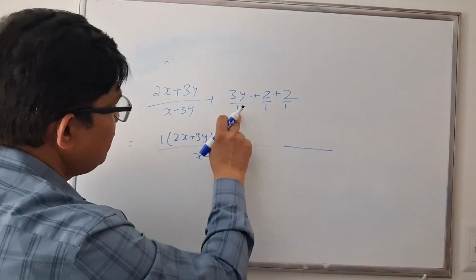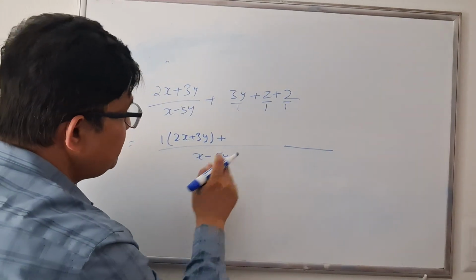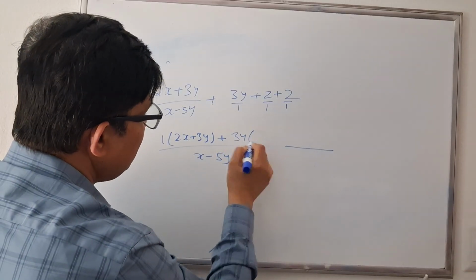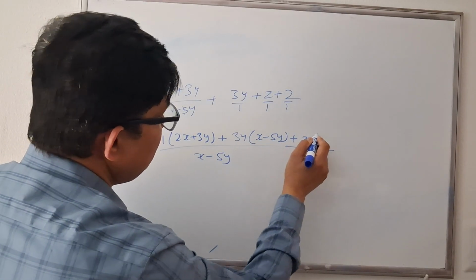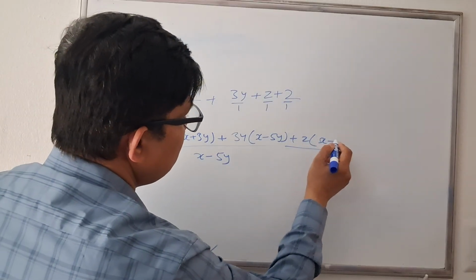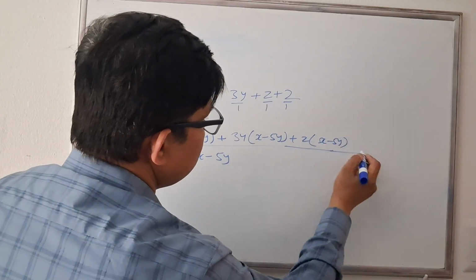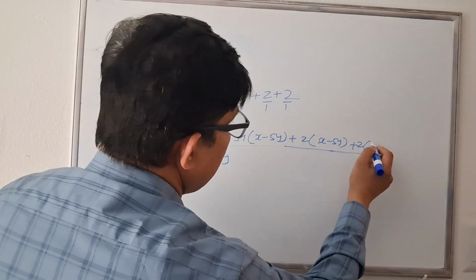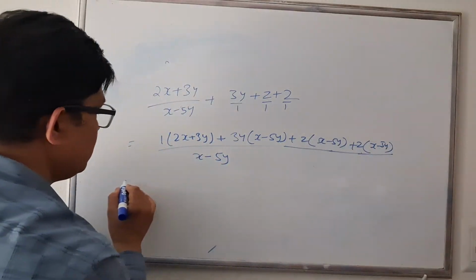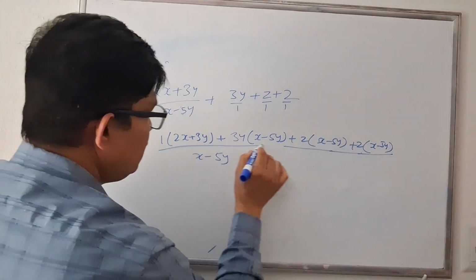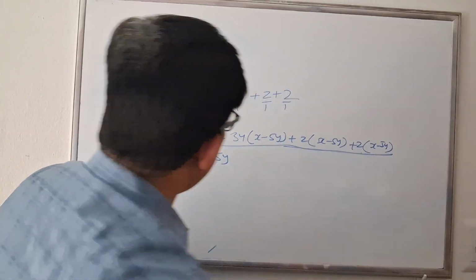So you will get the same thing: 3y times x minus 5y. Similarly, z times x minus 5y. Similarly, 2 times x minus 5y.